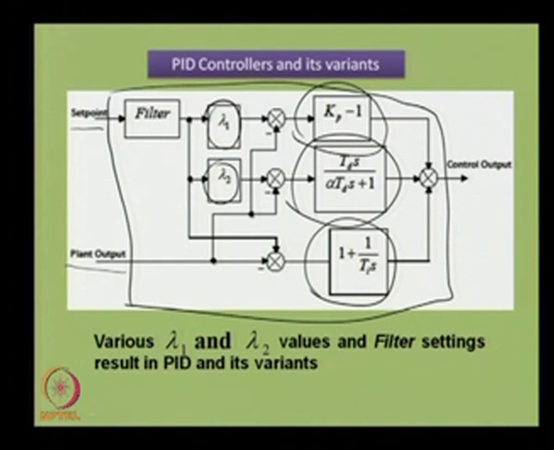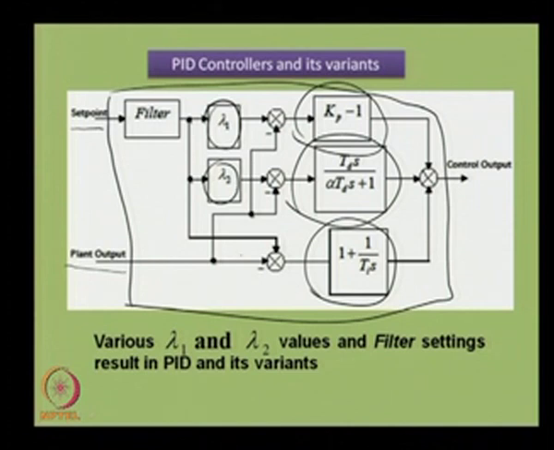Depending on various values of lambda 1 and lambda 2, we get the variants of PID controller. Variants means, if I set lambda 1, lambda 2 equal to 1, I get the PID parallel form controller. When lambda 1, lambda 2 becomes 0, I get only the PI controller. Similarly, various combinations of lambda 1 and lambda 2 will give us variants of the PID controller.